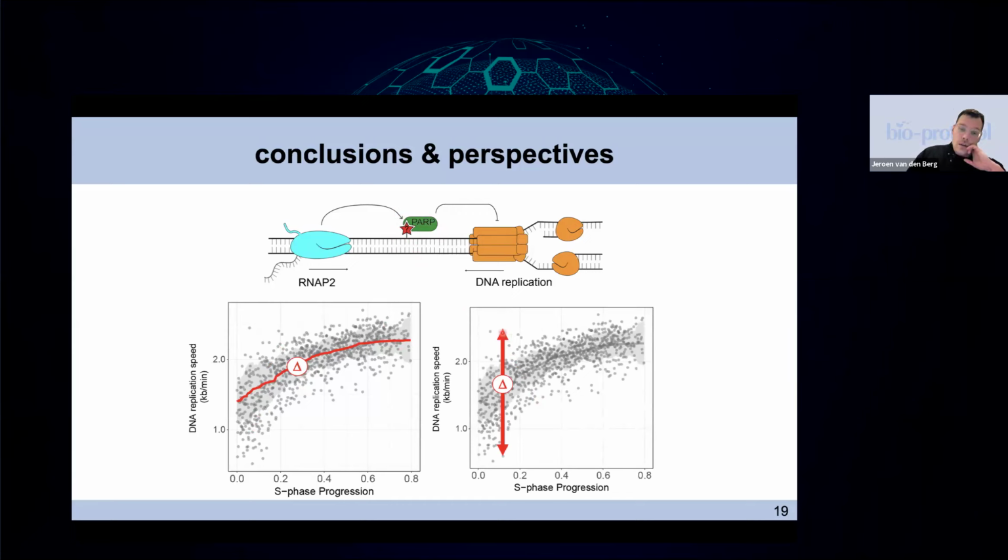So even though the trend seems to suggest that the time in S phase predicts what kind of speeds you have, we also see that within the same stretch of cells, there seems to be quite a big difference in DNA replication speeds. So that's where I want to leave it off.